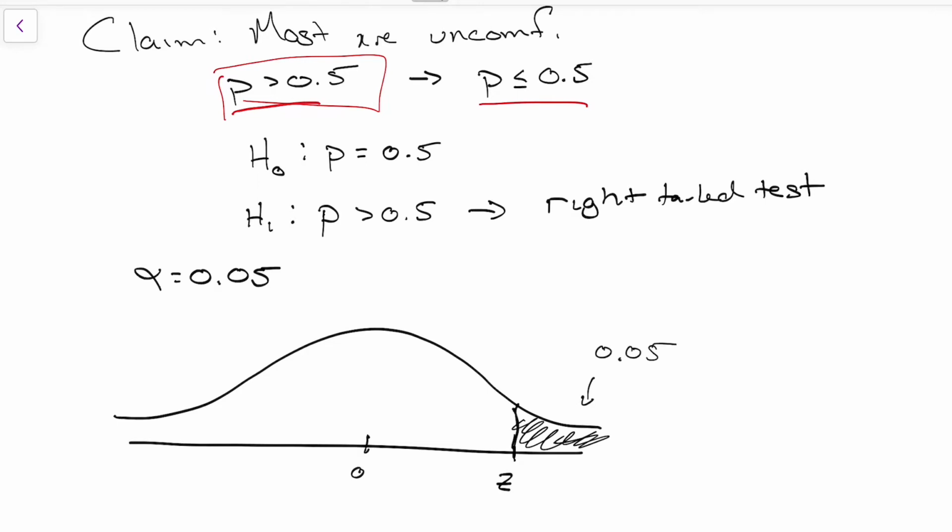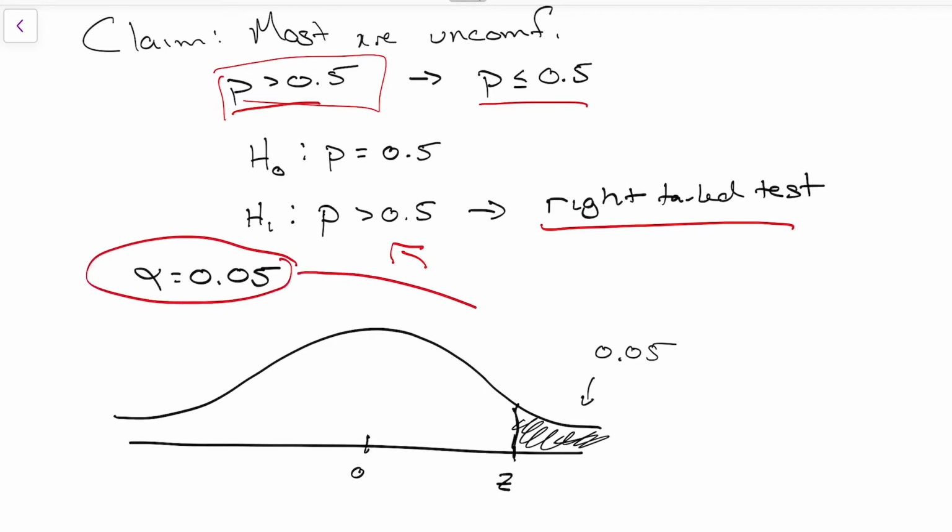And why do we know it's all the way to the right of it? It's because of our alternative hypothesis. Because it's greater than 0.5, we have a right-tailed test. All of our significance must be found in that tail. So the entire 0.05 must be contained to the right of our critical value z.